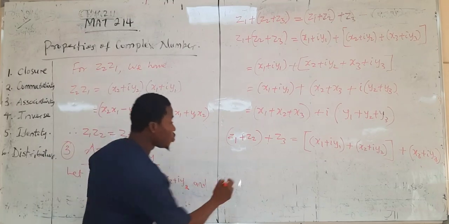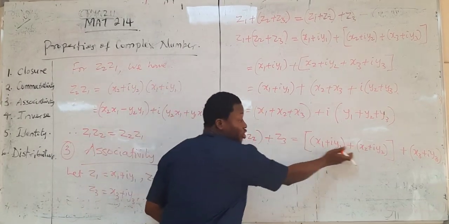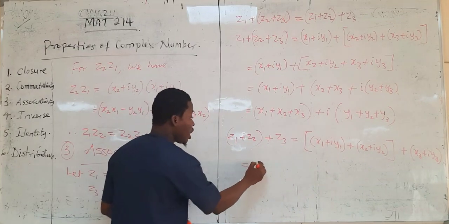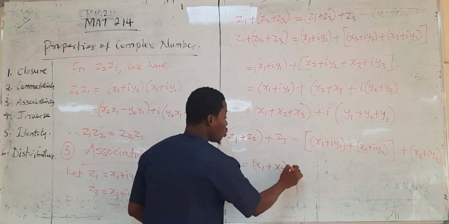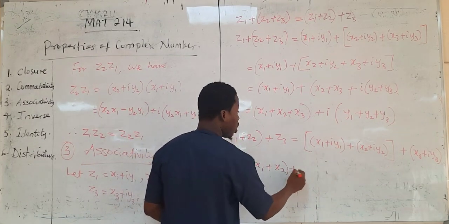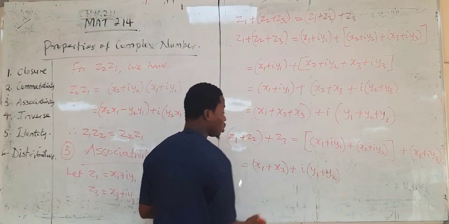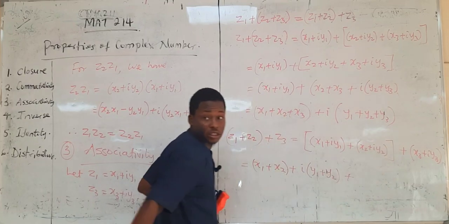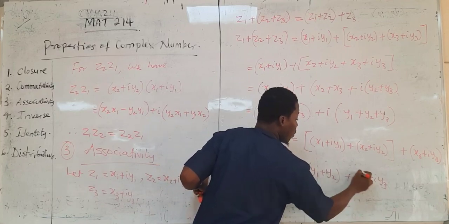So here we perform the operation in the bracket. So we have x1 plus x2 plus y1 plus y2, then plus the last part, which is x3 plus iy3.